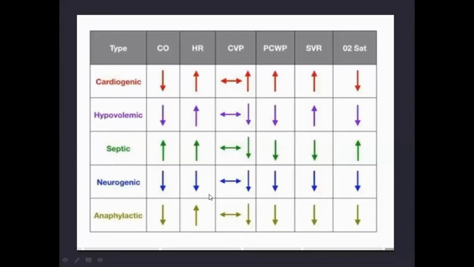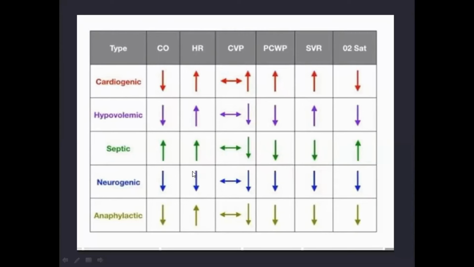In neurogenic shock, the heart rate is down. And again, the reason the heart rate is down is that in neurogenic shock, the sympathetic pathway is inhibited. In all the others, there is a compensatory mechanism which results in increased heart rate.